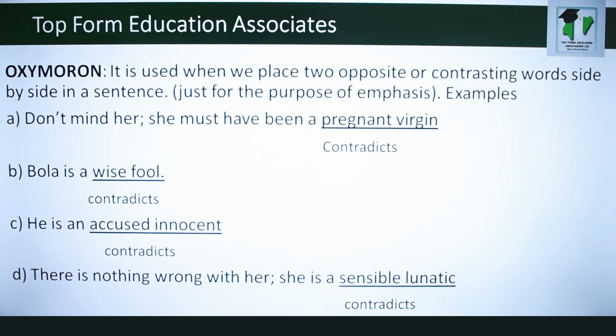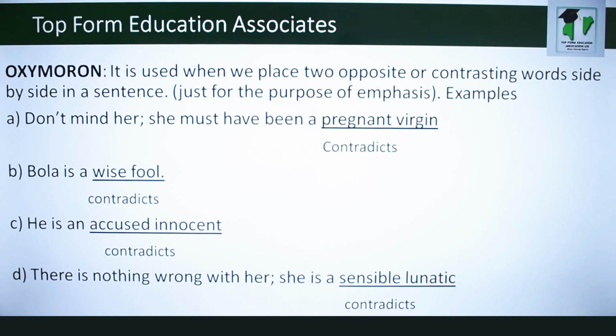See, he is an accused innocent. Somebody cannot be accused and at the same time be innocent. They are contradictory. Accused and innocent contradict each other. The next, there is nothing wrong with her. She is a sensible lunatic. Imagine somebody that is sensible and at the same time a lunatic.